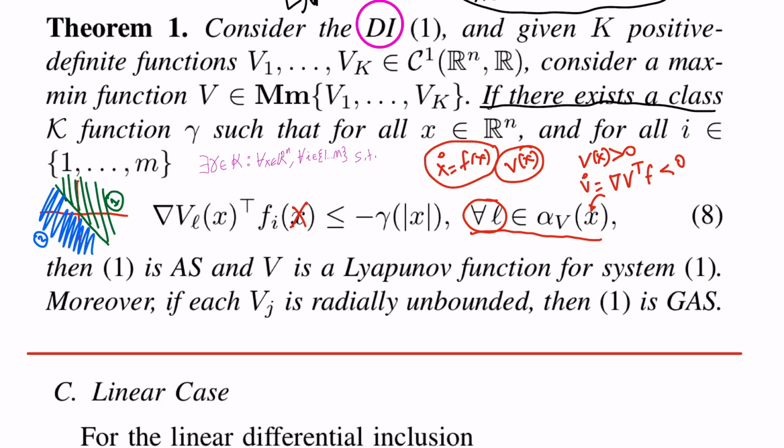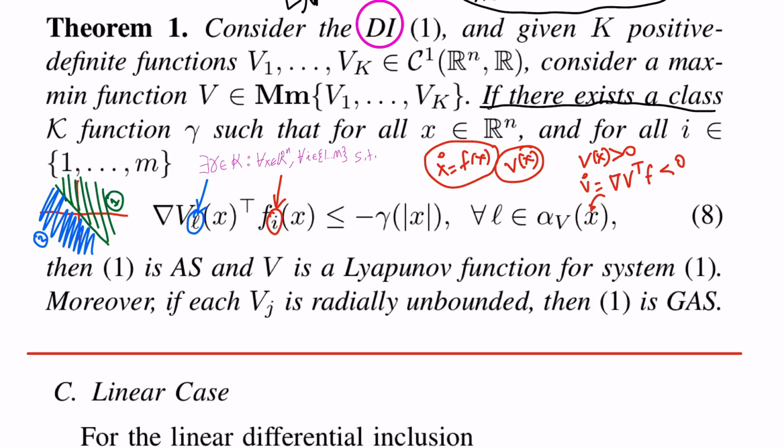Okay. And then for a given x, we also need to look at which subsystems are active. Yeah, that is it. We are only considering those cases. Now, for any given x, we first look at which subsystems are active, and then due to the construction of our Lyapunov function, we also look at which basis functions are active, right?